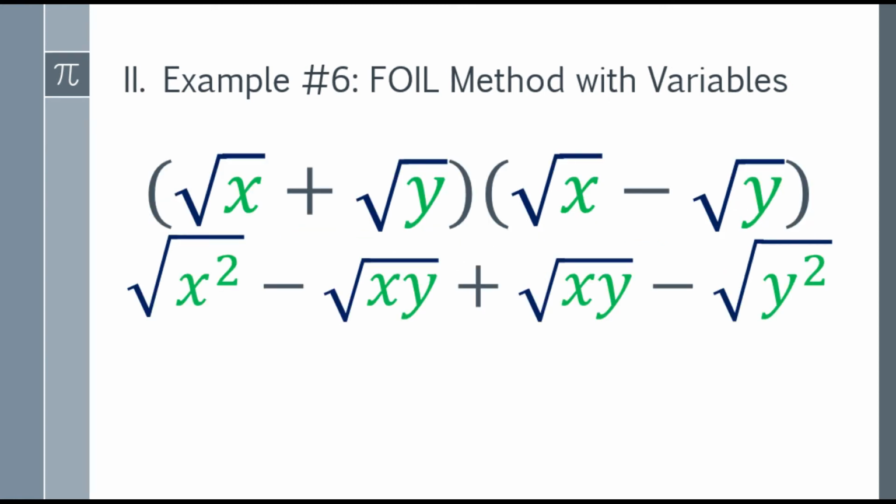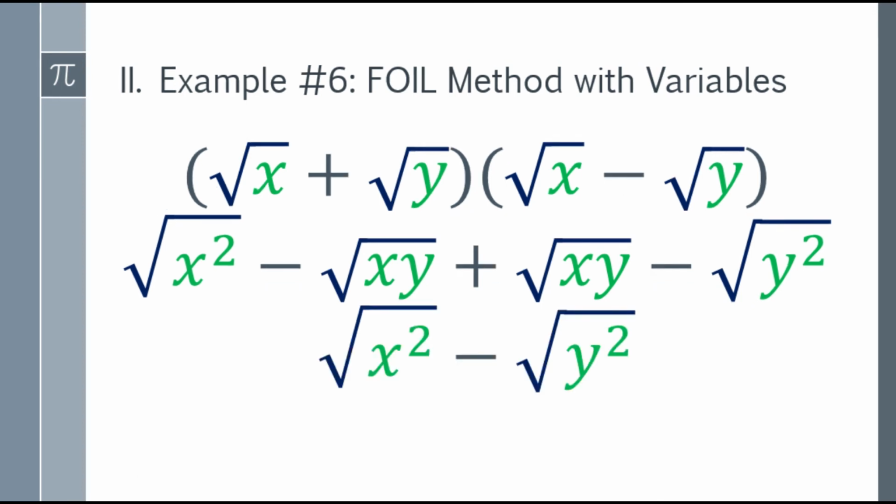Next, square root of x times negative square root of y will be minus square root of xy, and plus square root of y times square root of x will be plus square root of xy. And lastly, square root of y multiplied by minus square root of y will be minus the square root of y squared.